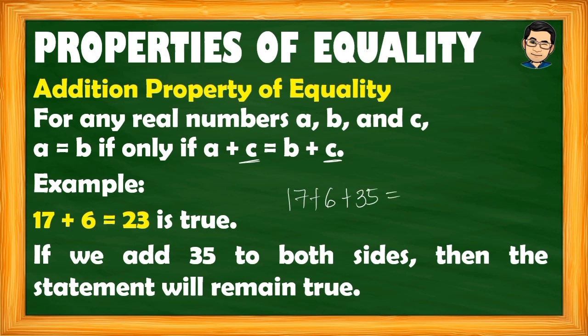And then 23, mag-a-add ulit tayo ng 35. Kapag pinag-add natin ng 17, 6, and 35, ibibigay niyang sagot is 58. And kapag in-add natin yung 23 tsaka 35, 58 ang ibibigay din niyang sagot. So, ibig sabihin, nag-add tayo ng parehong number, which is 35 to both sides. True pa rin po yung statement.